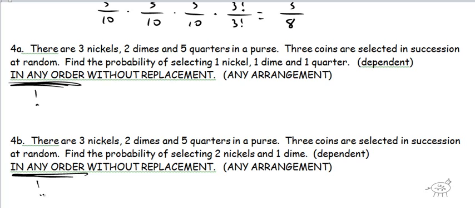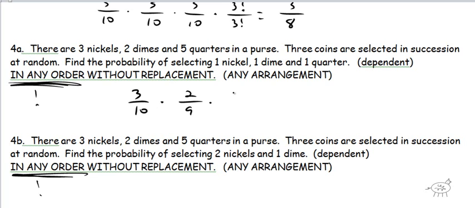Again, this is the most commonly used method here, in any order without replacement. So we're picking 1 nickel, which is 3 out of 10. And then I use one of the coins, which is without replacement, remember. So then there are 2 dimes, so 2 out of 9.